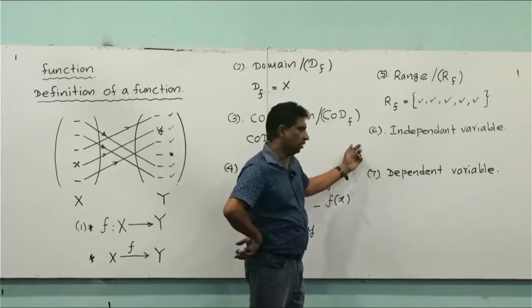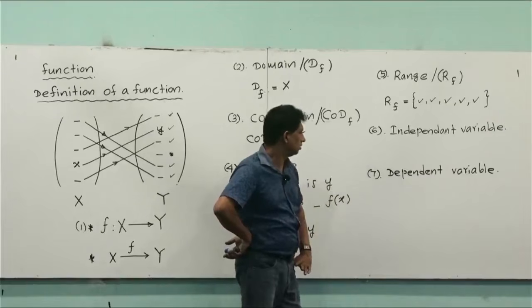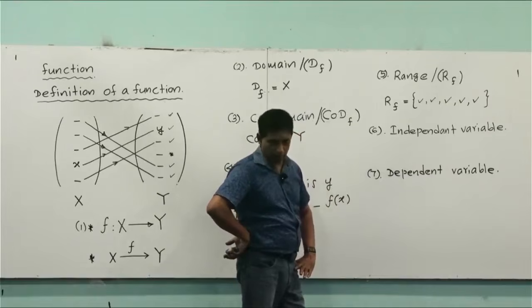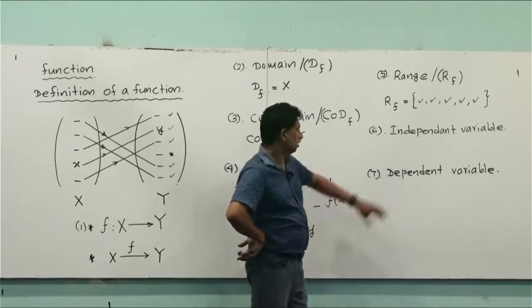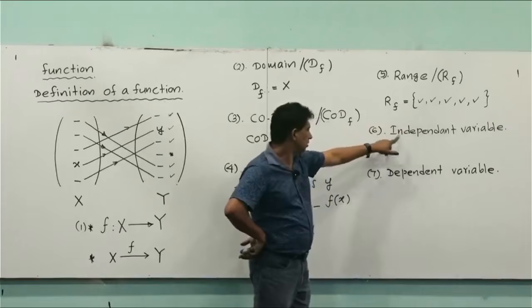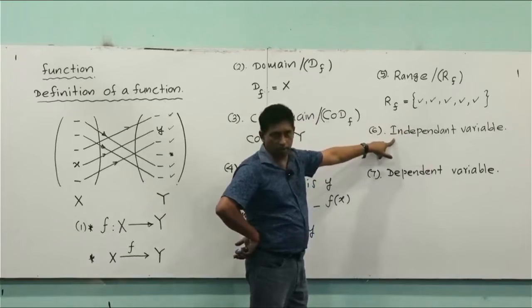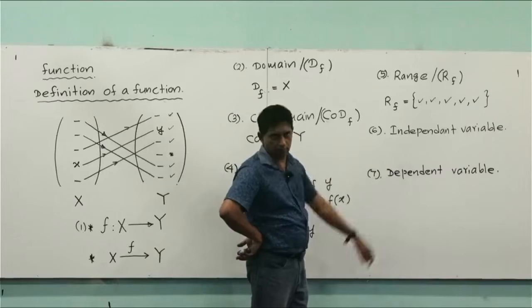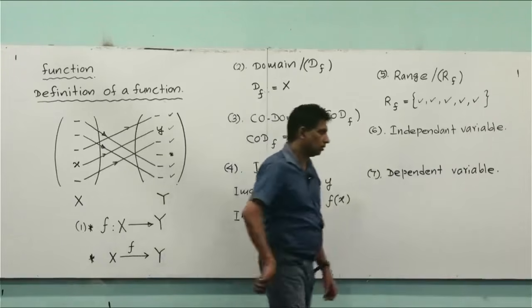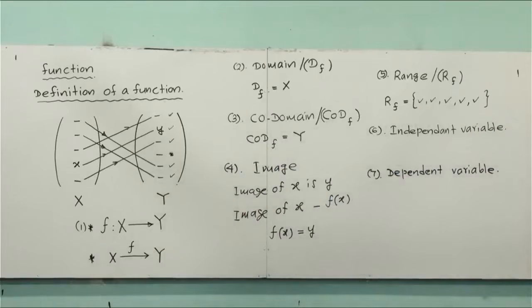Now write down sixth one. Independent variable. Now you can write this way.